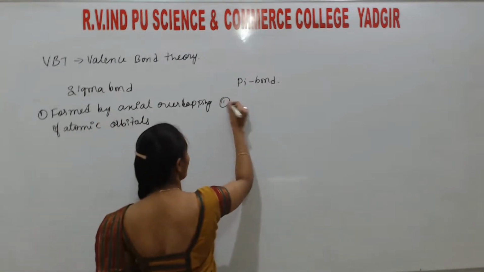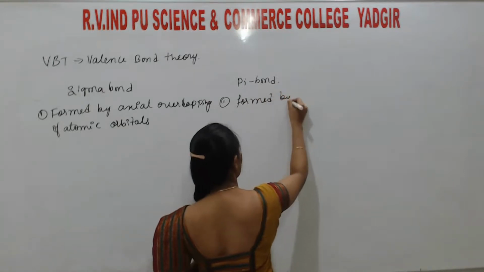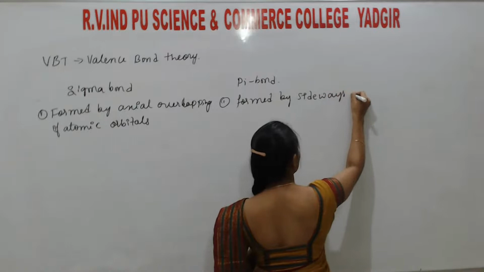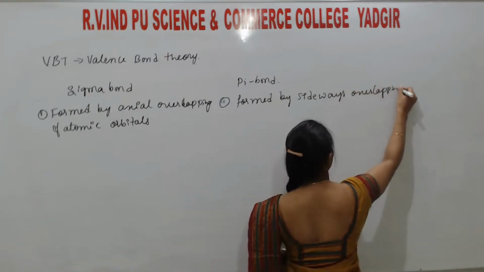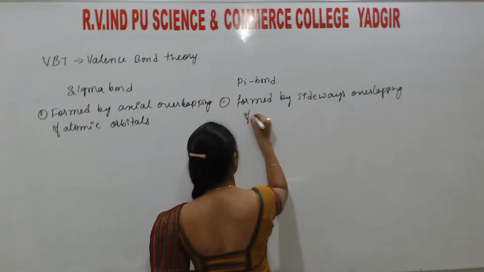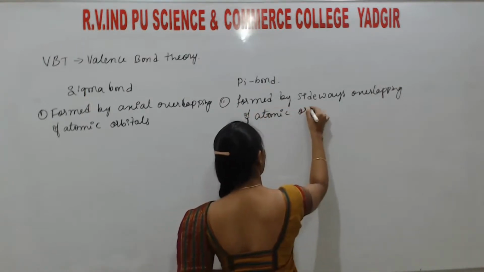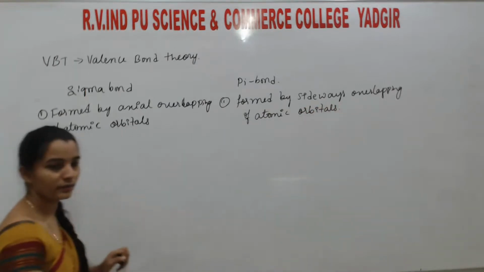Okay, the pi bond is formed by sideways overlapping of atomic orbitals.